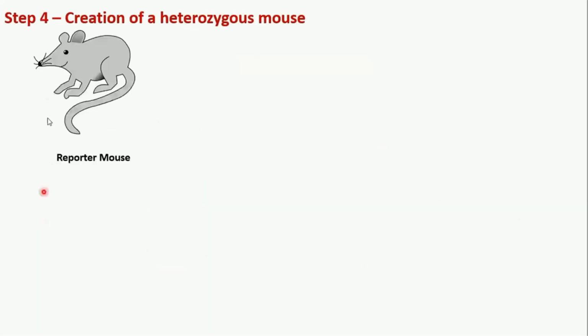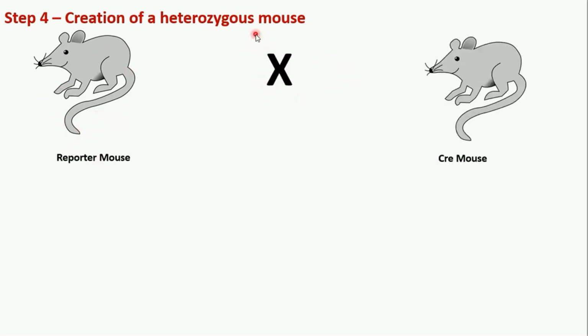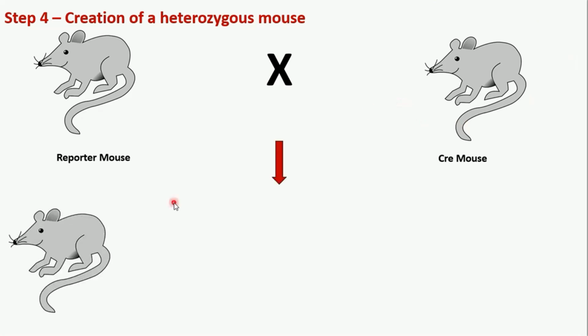Now in step 5, an interesting turn of events will come. We will take the reporter mouse and cross it with the Cre mouse, creating a heterozygous mouse.